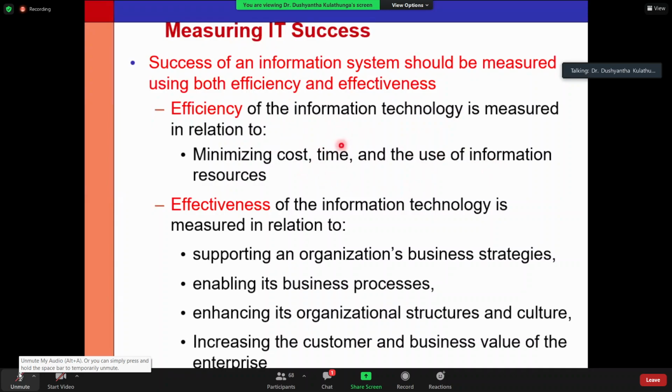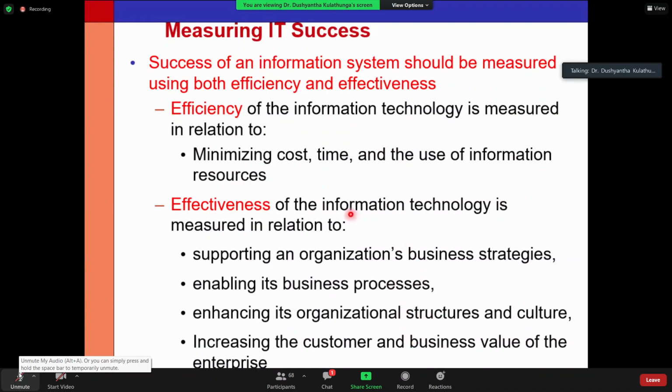Therefore, you may be in a position to quantify these particular measurements, but here you may not be in a position to quantify them easily. Therefore, the measurements can be subjective to some extent, but you should be in a position to determine whether the particular IT investments have supported in achieving these things for the organization.